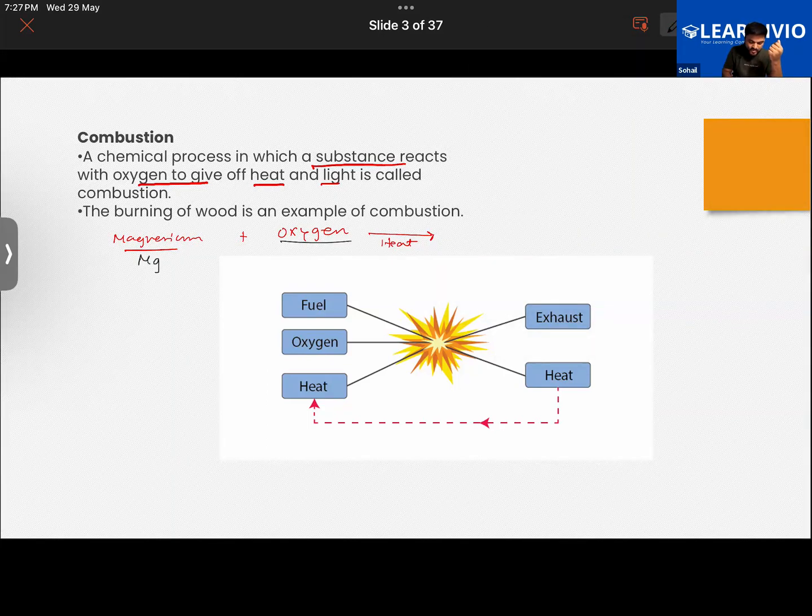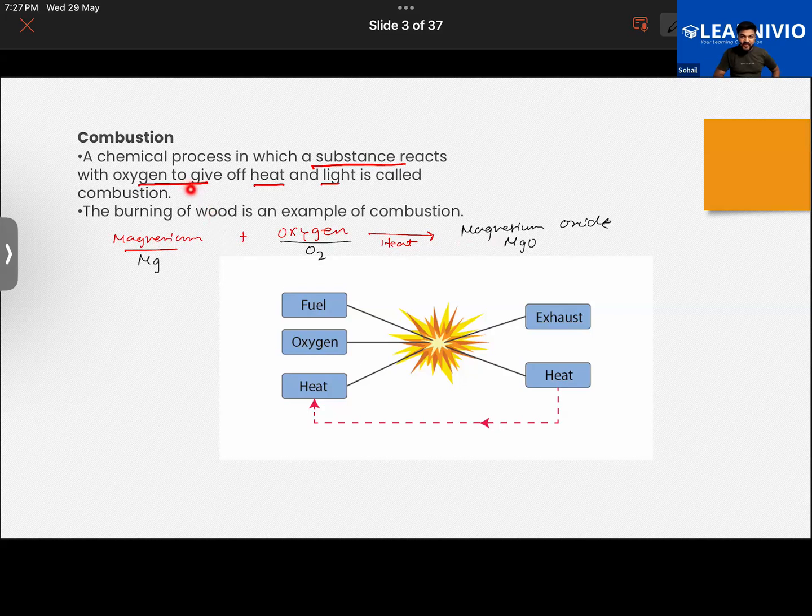Magnesium is Mg, oxygen is O2. As of now, they haven't reacted, but as soon as this magnesium is heated, it will react to form MgO, magnesium oxide. So a reaction has taken place.